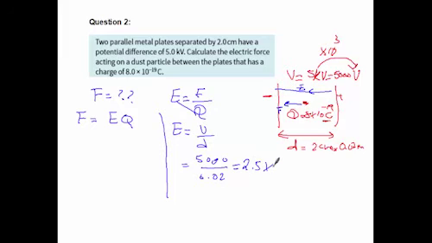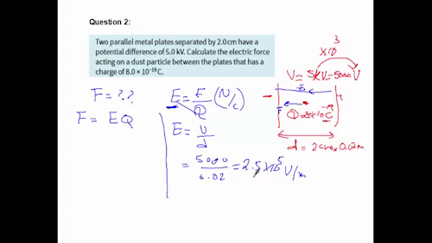2.5 times 10 to the 5 volt per meter. It can also have the unit of Newton per coulomb. So the unit of E can be Newton per coulomb, and it is the same as volt per meter.